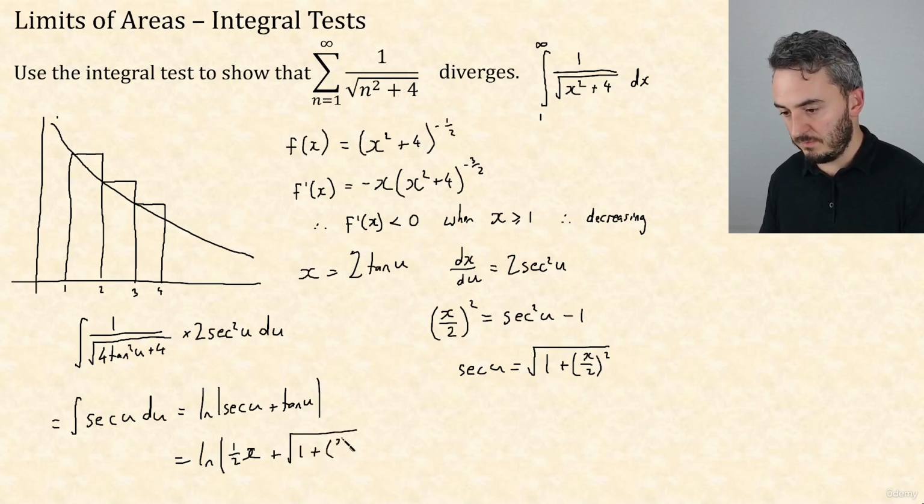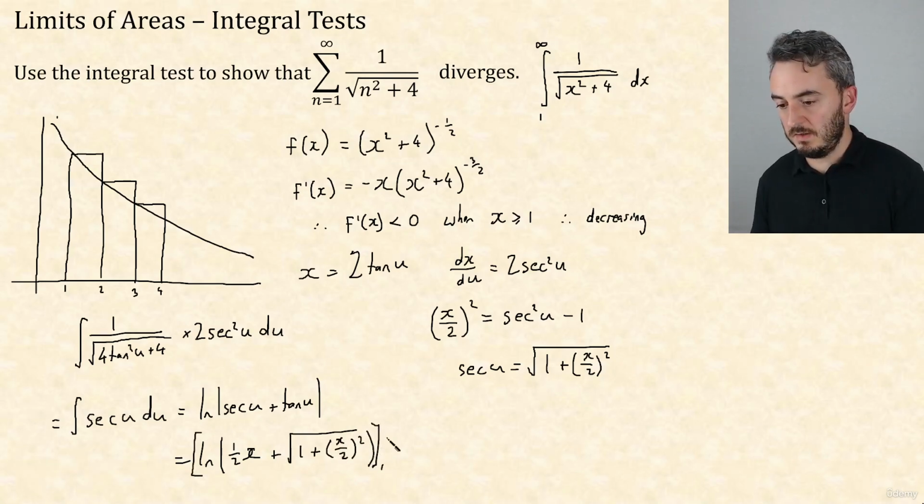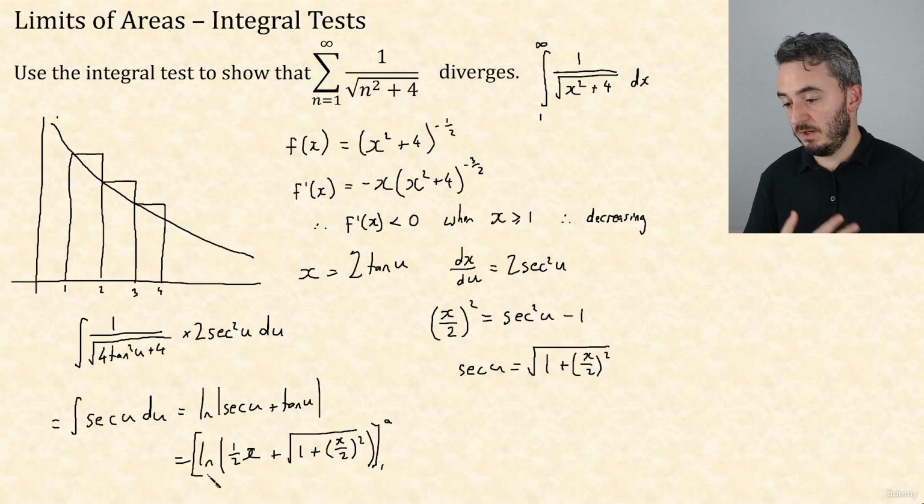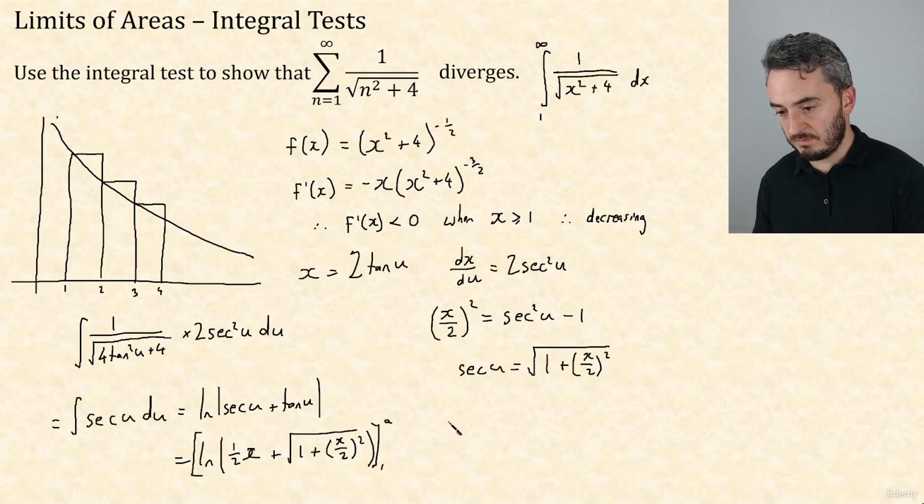plus x over 2 squared. Okay, now here's the kicker: if I consider the limit as, let's say, a tends to infinity, well, if I'm subbing in something increasingly infinite, ln of something increasingly infinite is also increasingly infinite. So what we can say is this diverges as a tends to infinity.